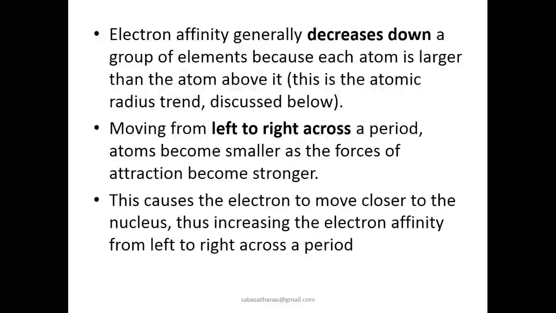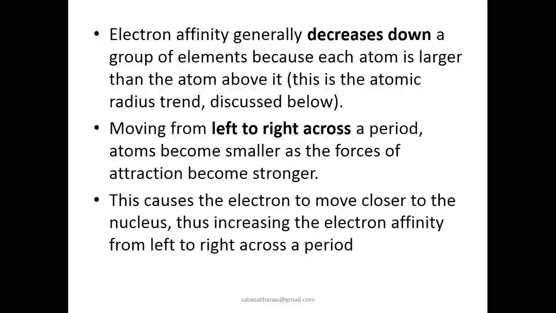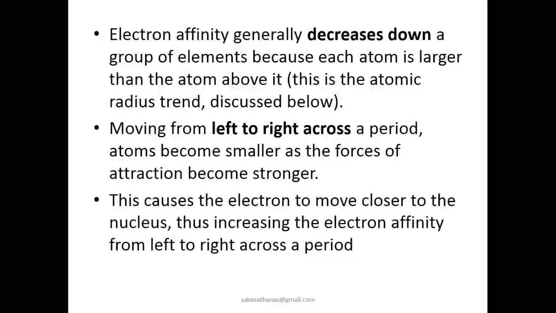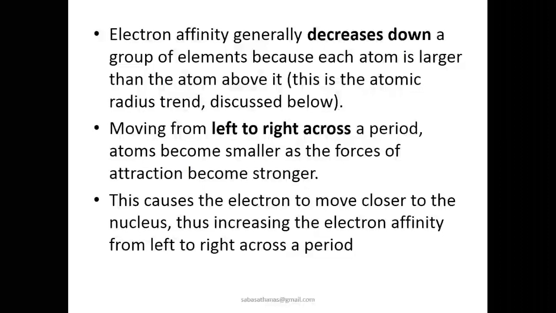But across the period, atom becomes smaller as the force of attraction becomes strong, and thus across the period the ability of an atom to accept an electron increases from left to right, but from right to left it decreases. Kwa hapa wewe makini, wanaweza kuambia from right to left au left to right.